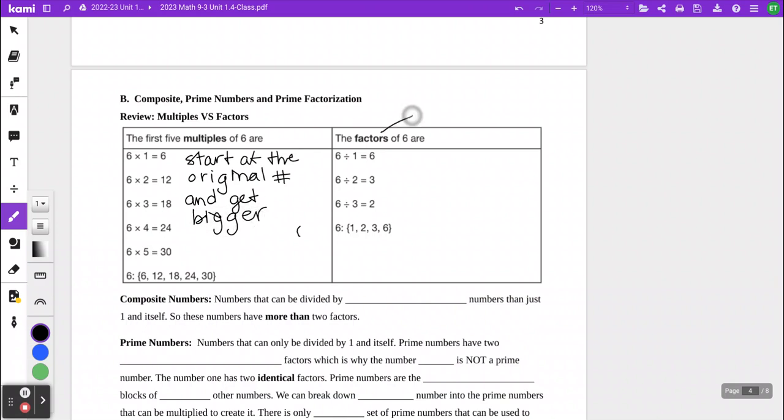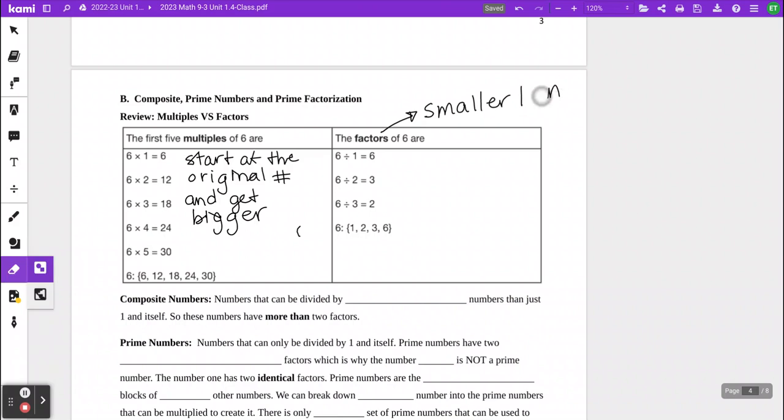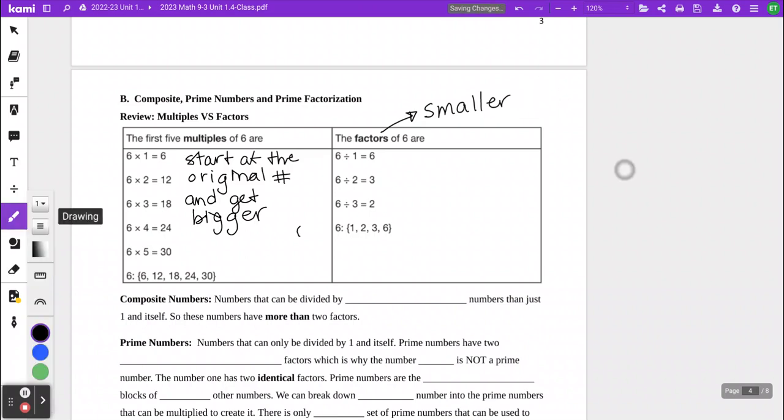These guys are smaller, I should say smaller and equal to the original number. So that's kind of a good way to remember which ones are which. The bigger numbers are multiples. The smaller numbers are factors.